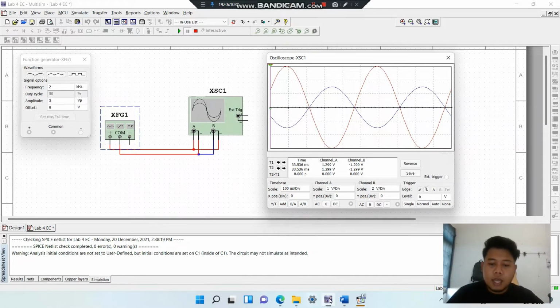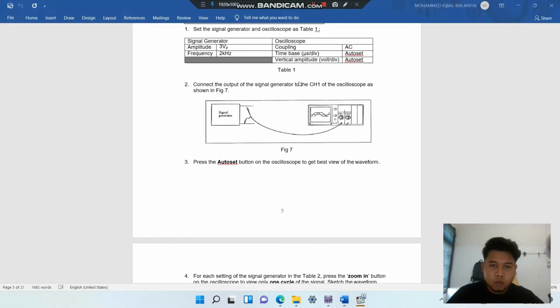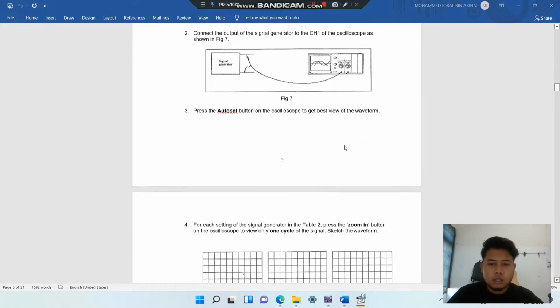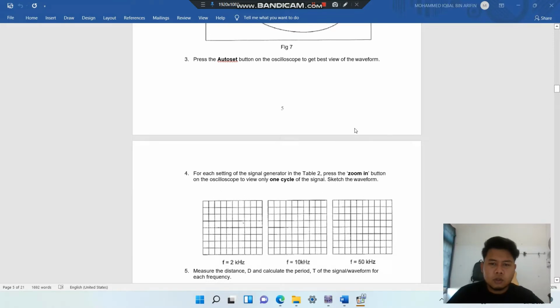After that, we connected the function generator to channel 1 and also channel 2 and pressed auto set. This is not for the offline computer apps, it's the auto set. You must have the real equipment to use the auto set.